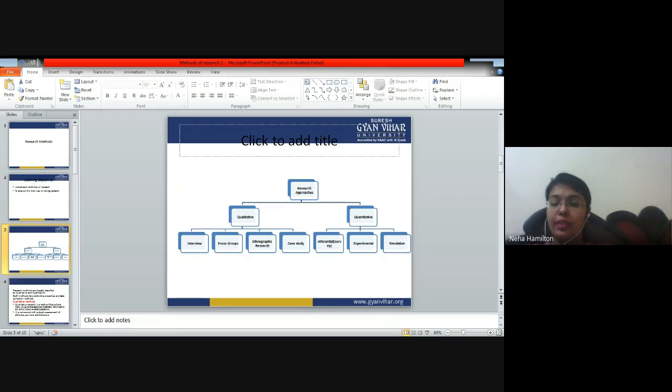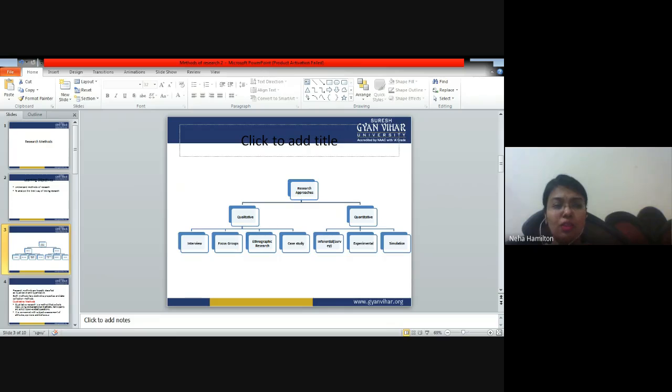So, qualitative and quantitative. When we talk about qualitative methods, we have the interview method, the focus group method, ethnographic research, and the case study method. When we talk about quantitative research, we have the inferential method, the experimental research method, and the simulation method.